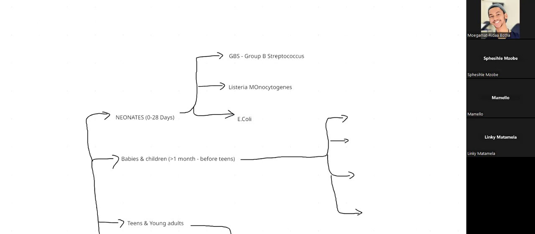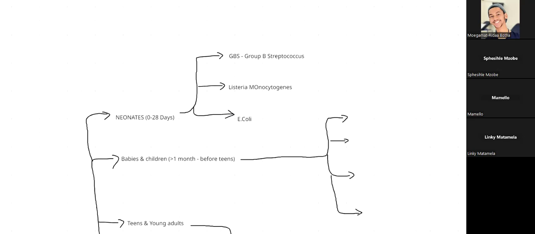I just want to mention regarding the group B streptococcus, very important: how does the baby get infected with the group B strep? There's vertical transmission from the mother to child in childbirth, and you also have GBS colonization in the maternal genital tract.